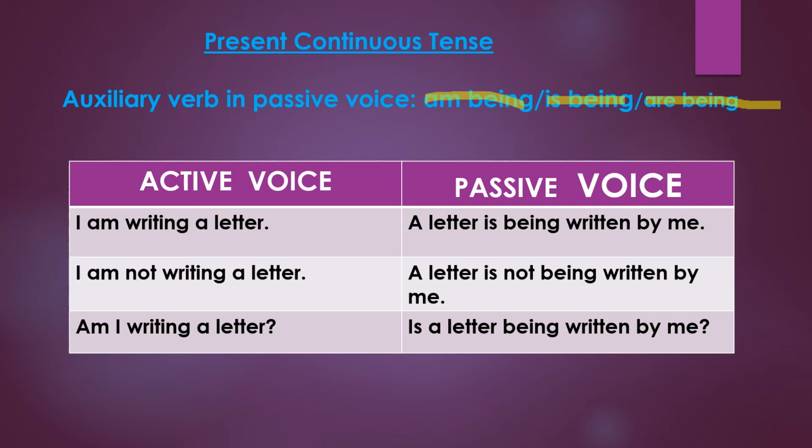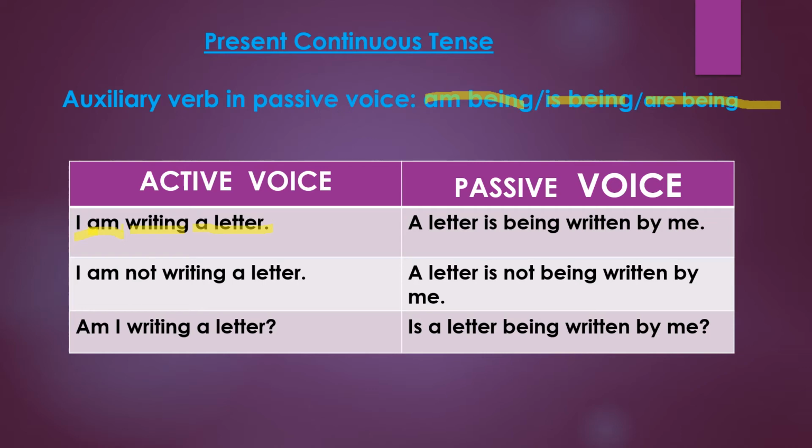As we know, the structure of present continuous tense is subject, auxiliary verb, main verb with ing form, then object. So it justifies the structure of present continuous tense. So this active voice is in present continuous tense.